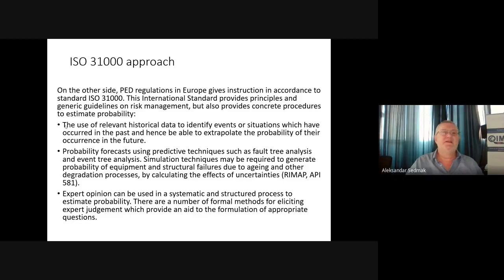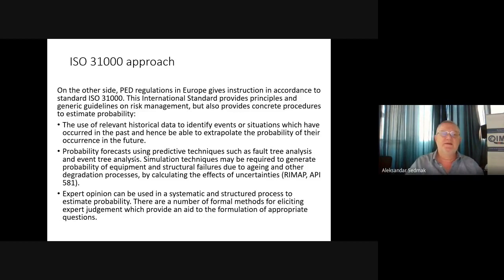So the first one is already mentioned, relevant historical data, which is oversimplified and does not reflect the current state of a component or structure, so we forget about it. The second one is typically used by RIMAP and API 581, and it uses predictive techniques such as fault tree analysis, event tree analysis, and other simulation techniques, which is too complicated in our opinion.